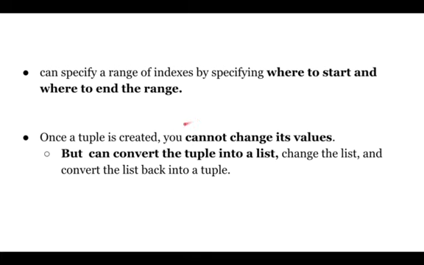Once a tuple is created, you cannot change its value. If it is necessary to change its value, you can do that by converting the tuple into a list, then changing the list by using the index number, and then converting the list back into a tuple.